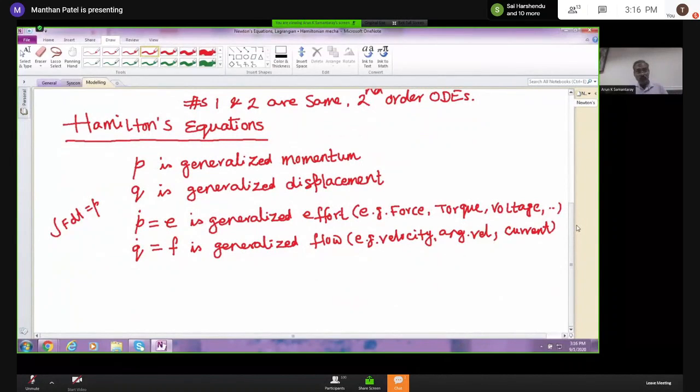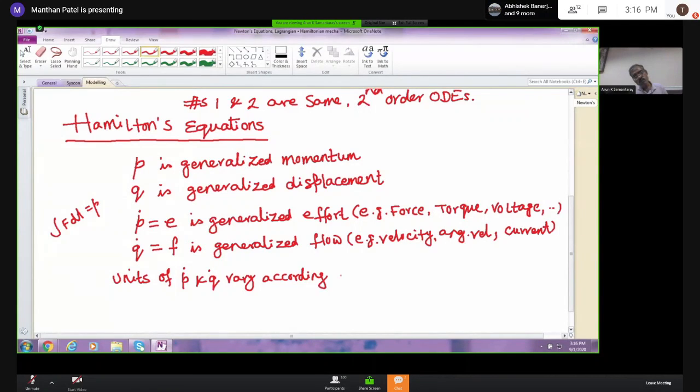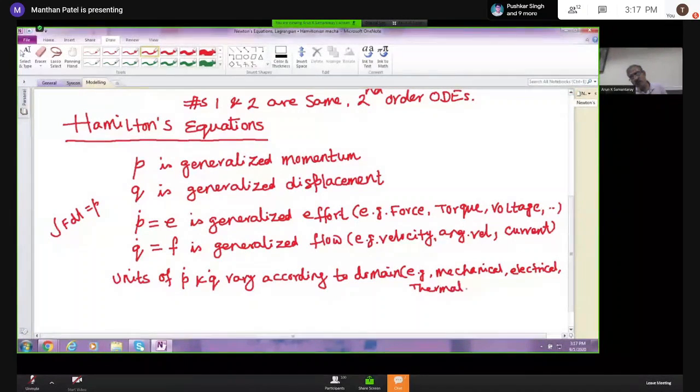So what are the units of P dot and Q dot? Its units vary according to the domain. For example, mechanical, electrical, thermal, etc. So this P dot and Q dot, they vary.